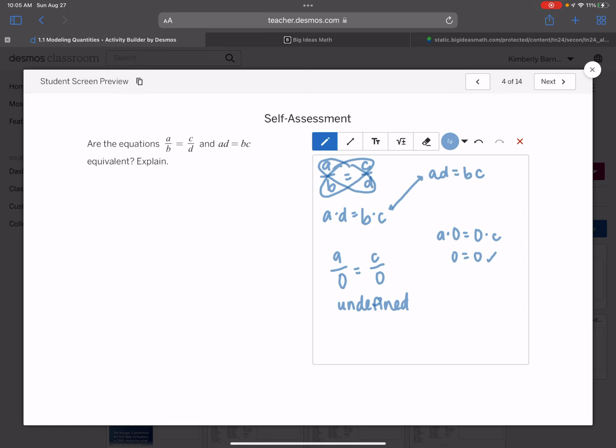Which is not undefined. That works. So the answer to this, so as long as B and D do not equal 0, they are equivalent. So you always got to be careful with the fraction problems. And remember that you can't have 0 in the denominator.